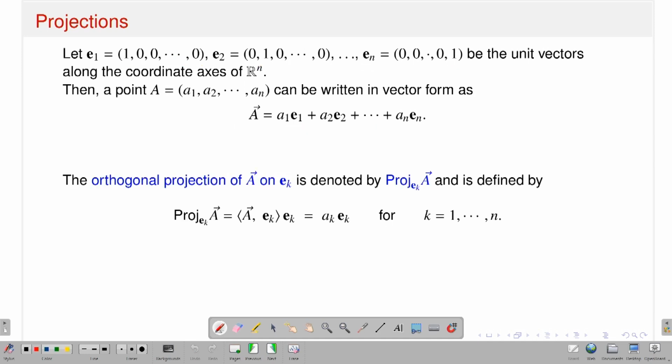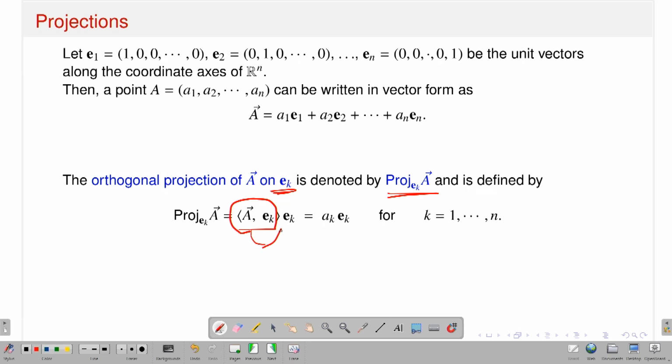The orthogonal projection of A on the vector Ek is denoted by proj Ek of A, and it is defined by the dot product of the vector A with the vector Ek. So, this becomes a scalar quantity. This scalar is multiplied with the vector Ek.